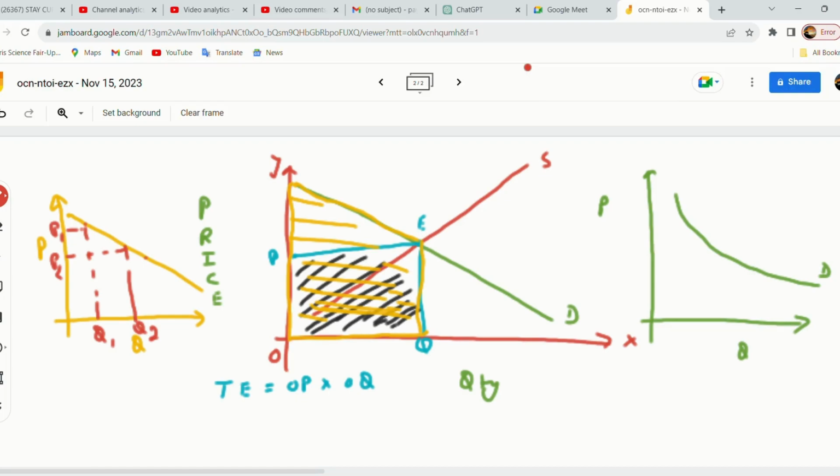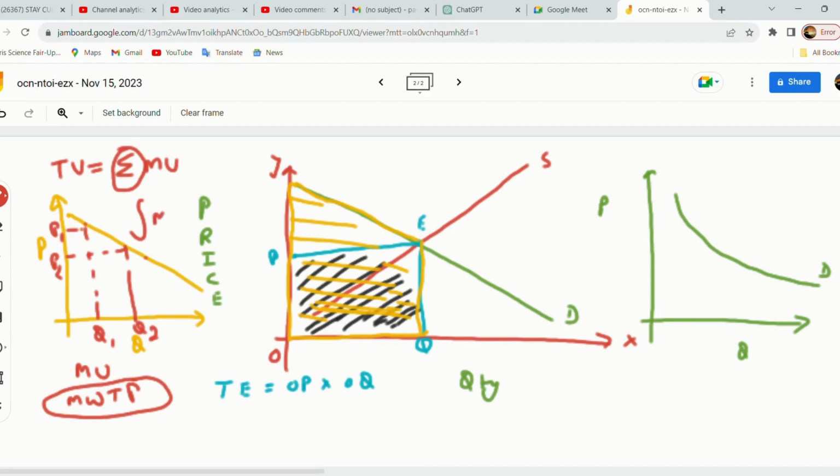So basically this is called marginal utility or marginal willingness to pay, MWTP. If you sum these marginal utilities, you get total utility, and this sign is nothing else but the sign of integration, summation of MU, or you can say integration of MU.